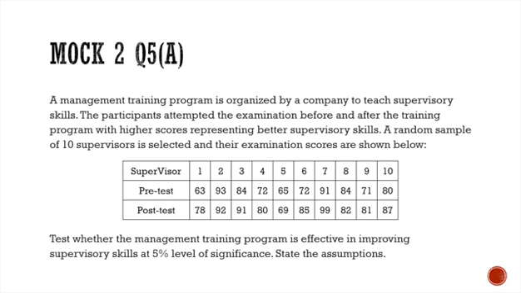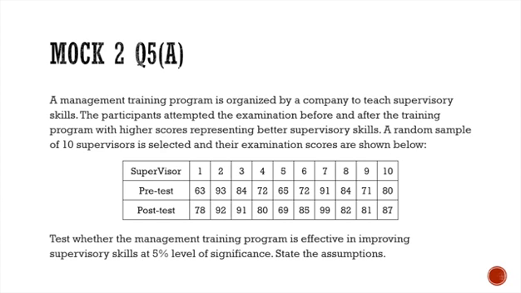Now let's talk about Mock 2 question 5a. A management training program is organized by a company to teach supervisory skills. The participants attempted the examination before and after the training program, with higher scores representing better supervisory skills.